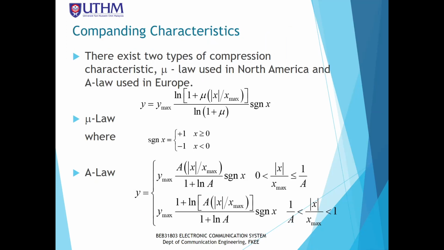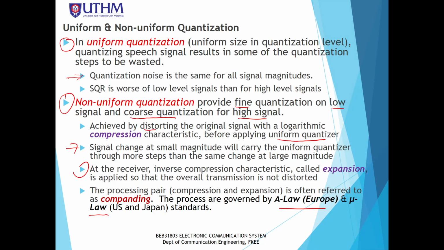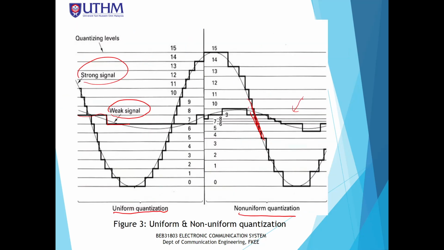And this is the companding characteristics for the A law and also for the mu law. A law is used in Europe, mu law is used in the US and Japan.